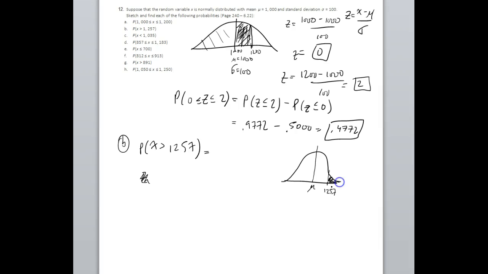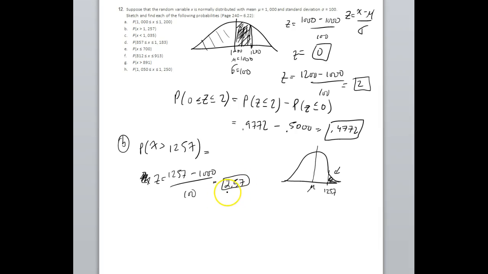This is the probability we're looking for, right there. So let's calculate the z-score. Z is equal to 1257 minus 1,000, which is our mean, all over our standard deviation of 100, which is 257 over 100, or 2.57. Okay, so this is our z-score.